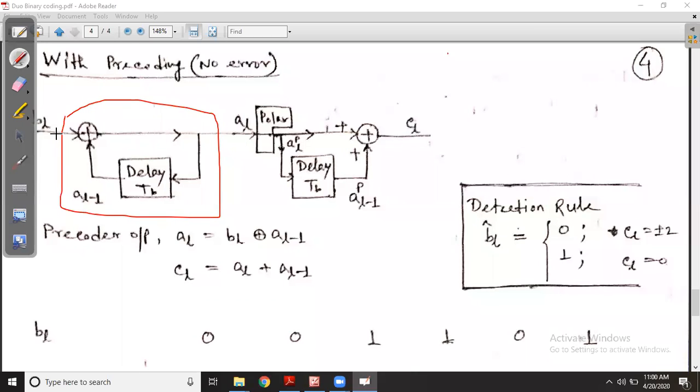From the basics of feedback, you know feedback is used to improve the system output. So here also the system output will be improved, because we will see in this numerical that error will not propagate. Error will be fixed at some particular bit. It will not propagate to the next bit.